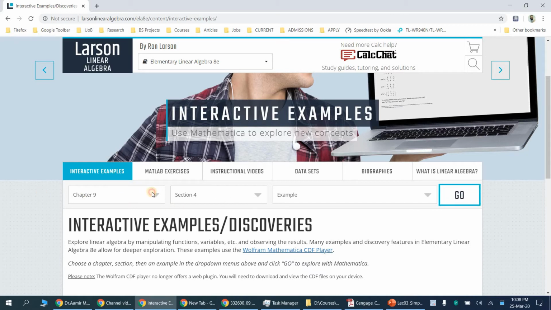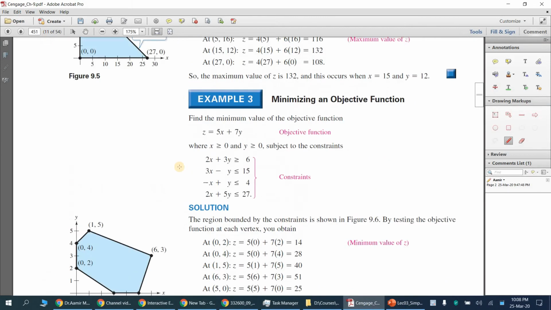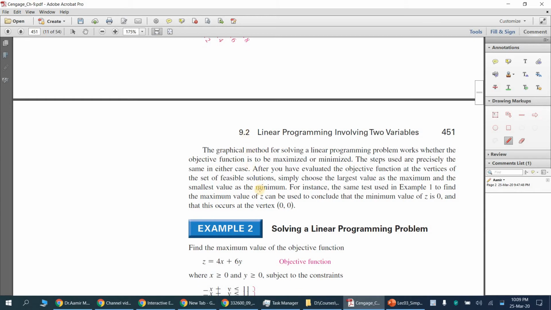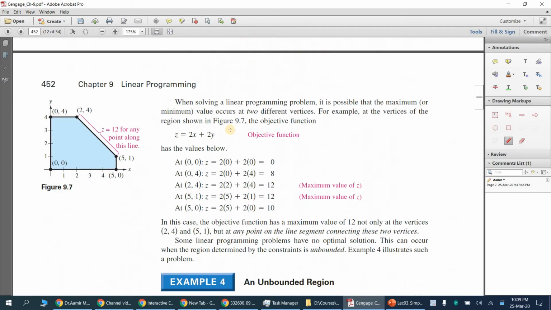So here you have, for example, chapter number 9. In chapter number 9, go and check the section number first. Section is important for you to know. So this one is 9.2. In 9.2, I want to check, for example, example number 4.